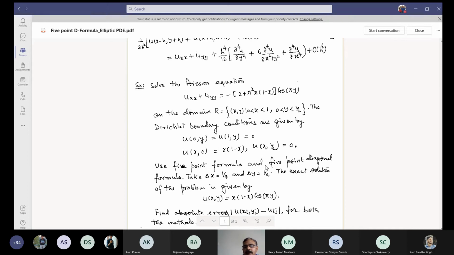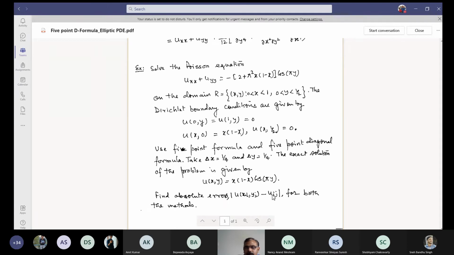Use the 5-point formula and the 5-point diagonal formula both. Take delta x as 1 by 4, delta y as 1 by 4. The exact solution is also given, right? And then you have to find out the absolute error. What is the absolute error? It is the difference between the value which you have got and the exact solution u(xi, yj) at a particular point, and then you can find out the error.